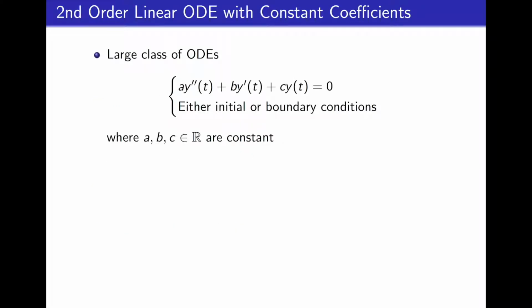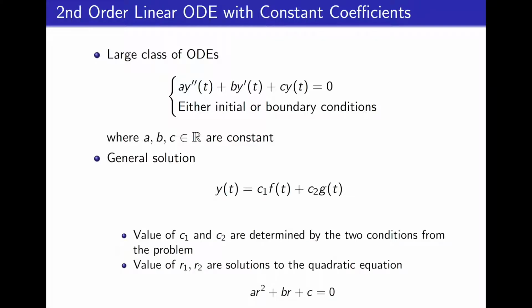This second order linear ODE corresponds to a large class of ODEs that represents a wide variety of physical situations. This ODE can be associated with either initial or boundary conditions, and we will actually see it used with both types of conditions. It is assumed that a, b, and c here in this differential equation are all constant real values.